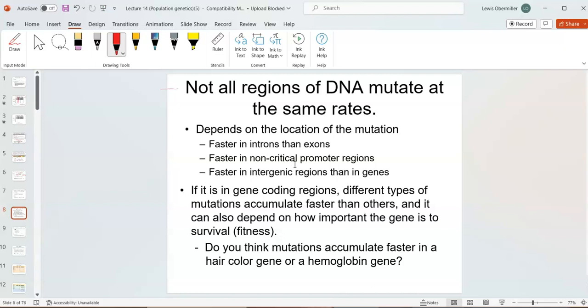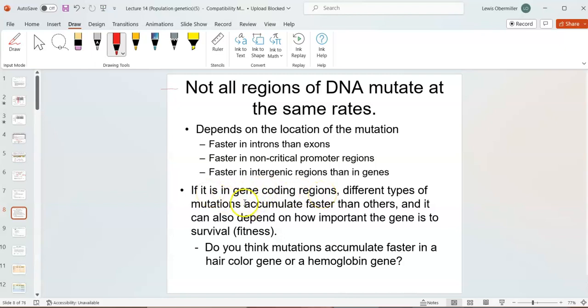And I showed you that slide that really cuts that down. And then we have areas between genes. They don't really matter. I mean, we are finding that some of these intergenic regions do have an effect on phenotype, but it's pretty rare, and so they mutate faster.